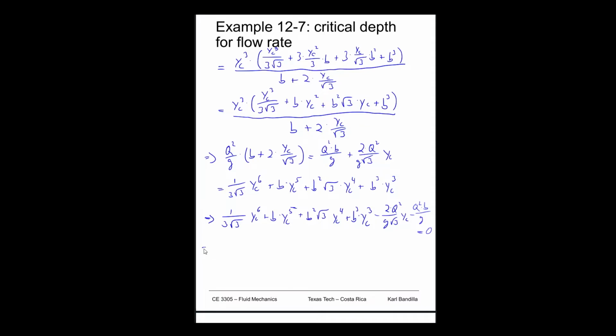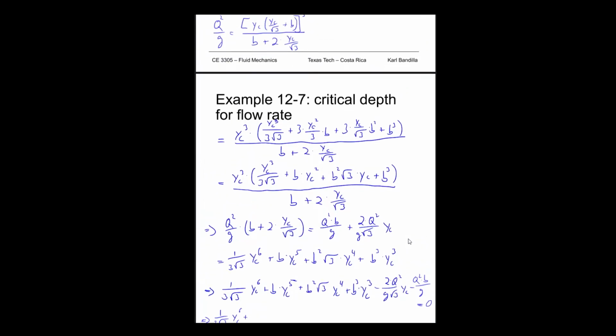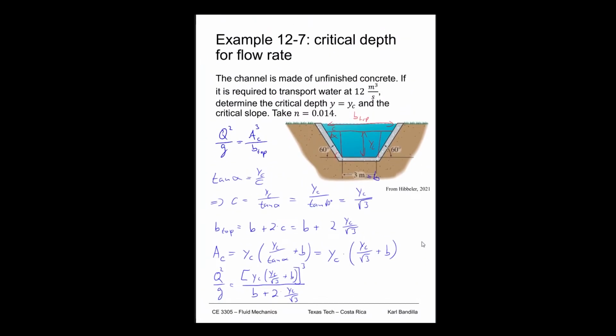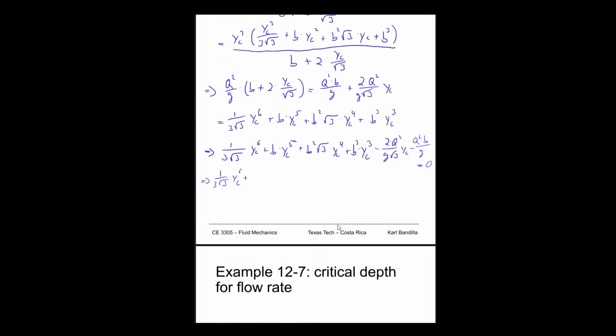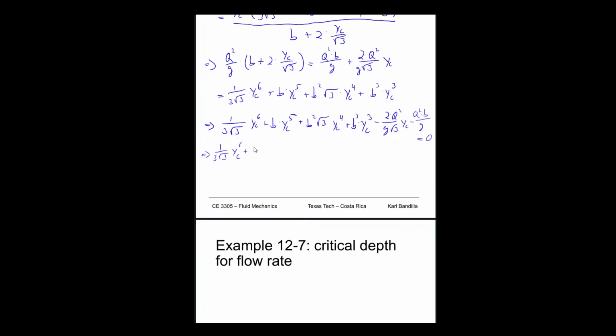Now let's stick in the numbers. Nothing at the first one, it's just a constant, yc to the 6th. Now the width of our channel is, no, that's not the width of the channel, it's the width of the bottom here, b. That was 3 meters. So that would be 3 meters times yc to the 5th.